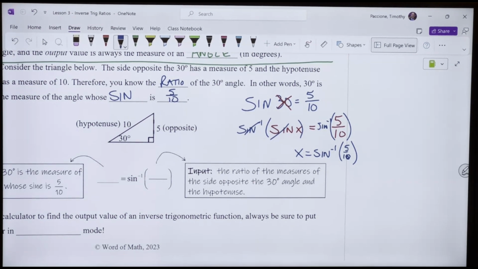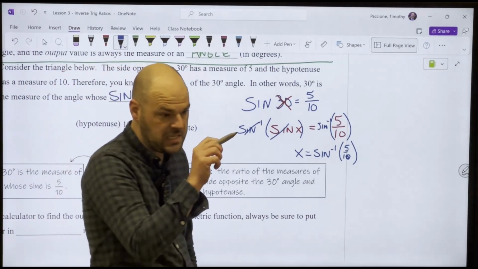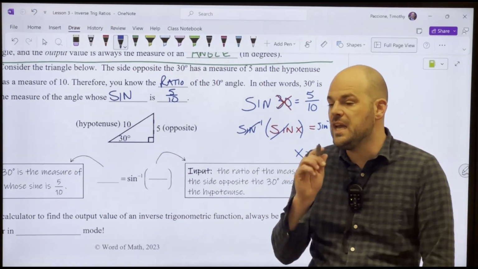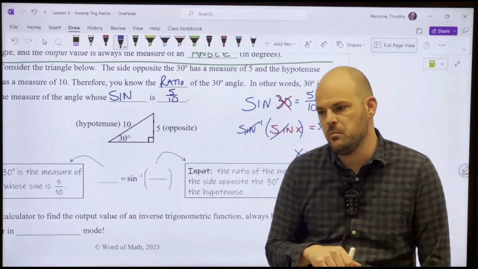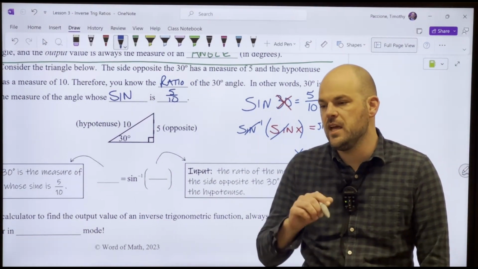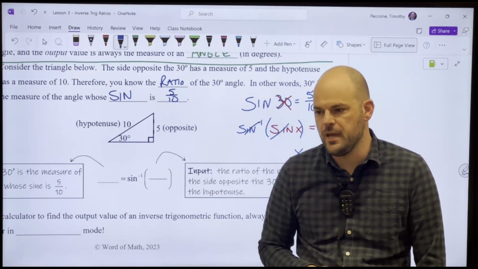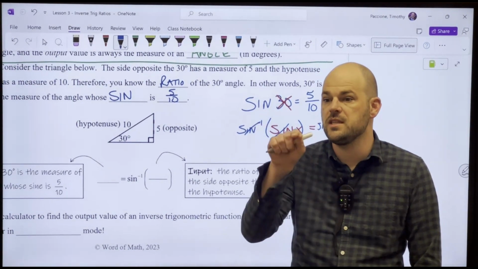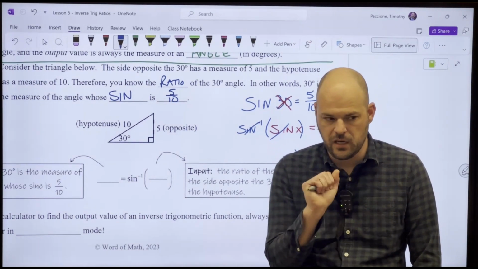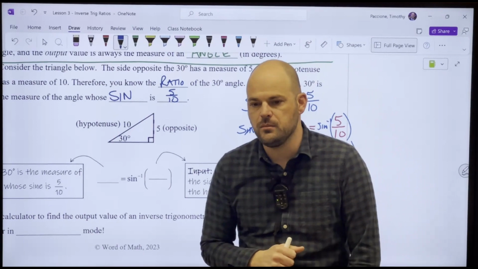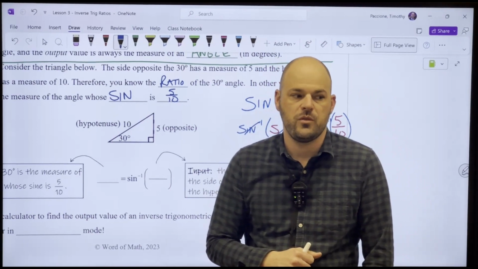So there's a button on the top left of your calculator that just says second. It means second function of a button. So if you hit that, it'll do the second function of that button. And then you have access to all those little writings behind every button. Okay? So you do second first, then sine, and it'll go sine to the negative 1. Then you put 5 divided by 10, press enter, and what do you get? 30.